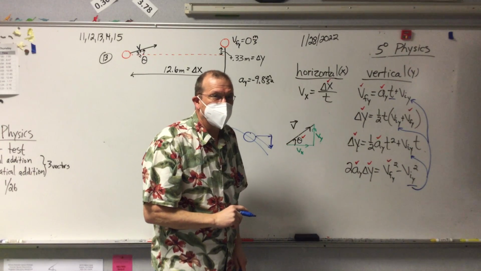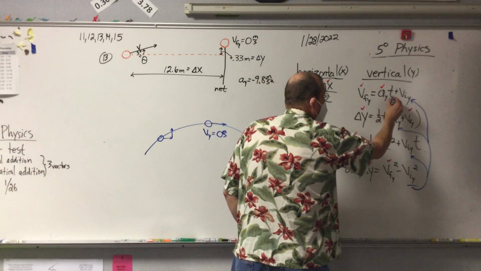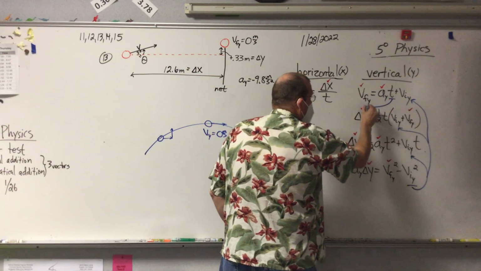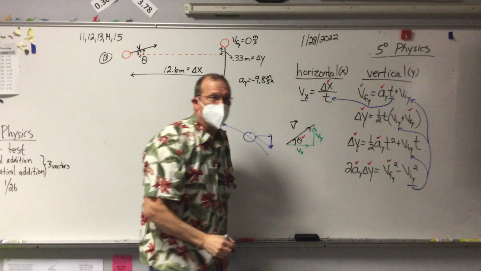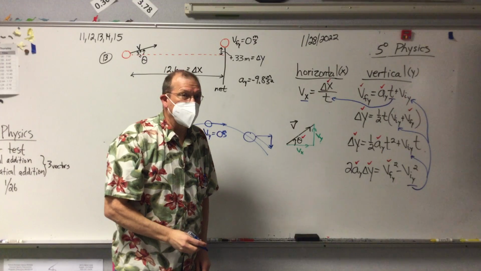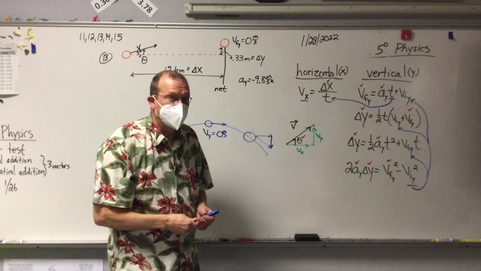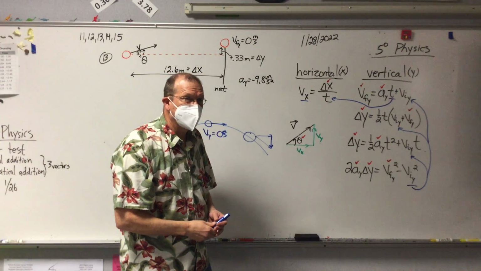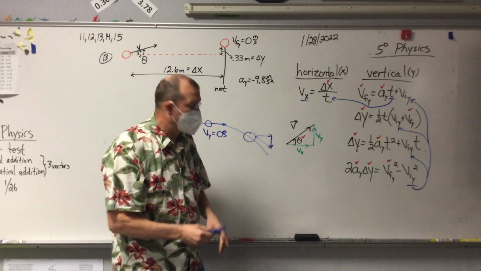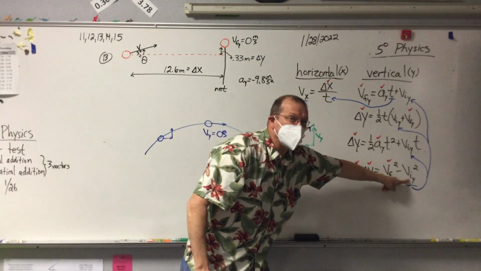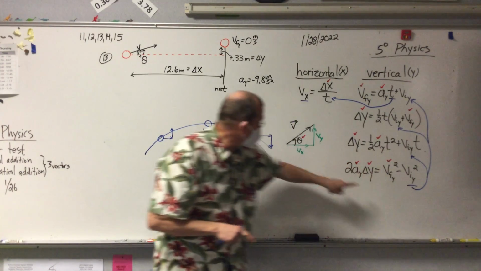Then what do we do? Find Vx. Because now we can put it in here and find that. Now what do we have? Well, we have Vx, we have the angle, so I think we should be able to find V. So we have this value from our initial calculation.